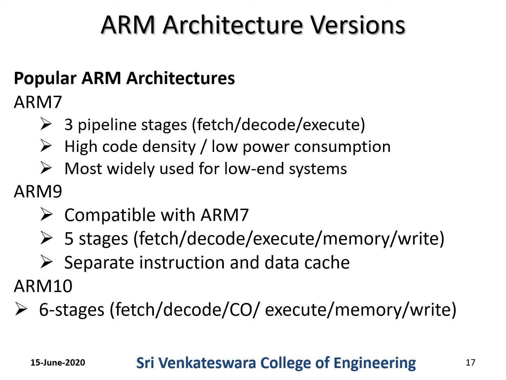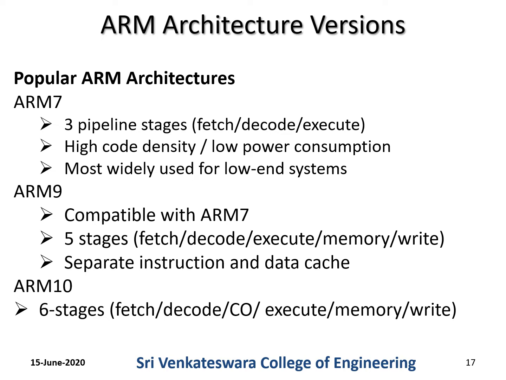ARM 7 has only 3 pipeline stages: fetch, decode and execute. ARM 9 has 5 stages: fetch, decode, execute, memory and write back. ARM 10 has 6 stages: fetch, decode, compute operand, execute, memory and write back.